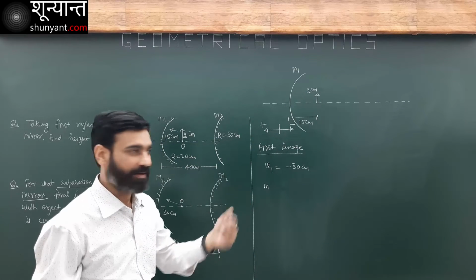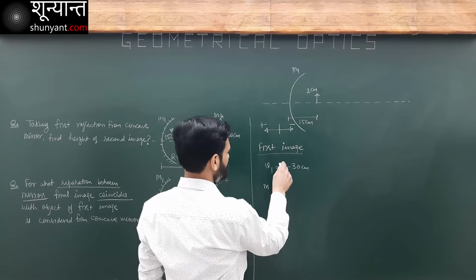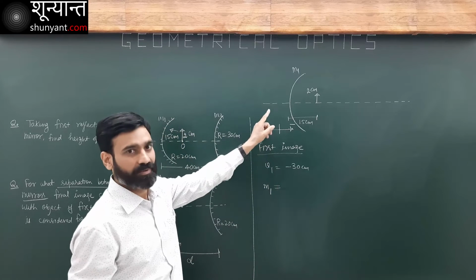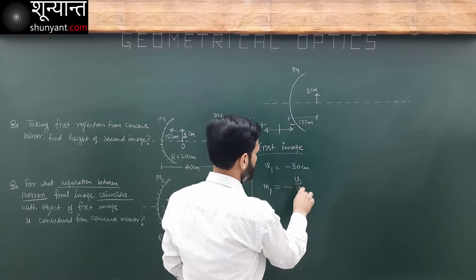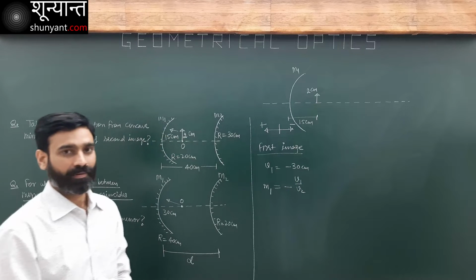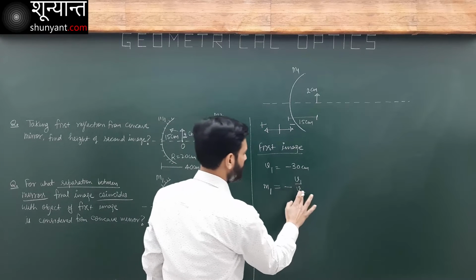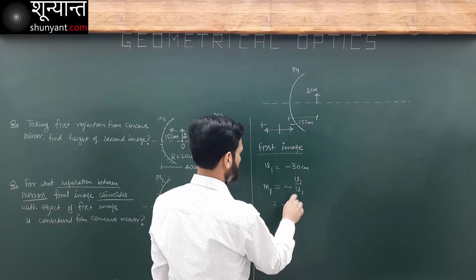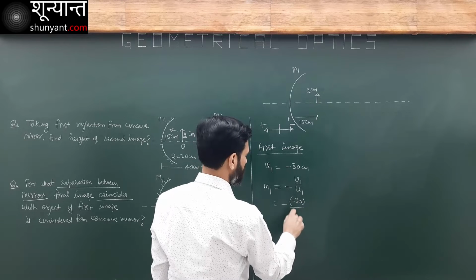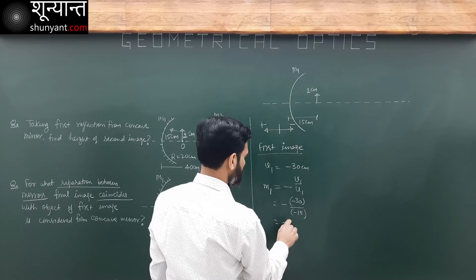We will bring it later. What is magnification? m1 from the first mirror is minus V1 over U1, which is minus of minus 30 over minus 15, it becomes minus 2.